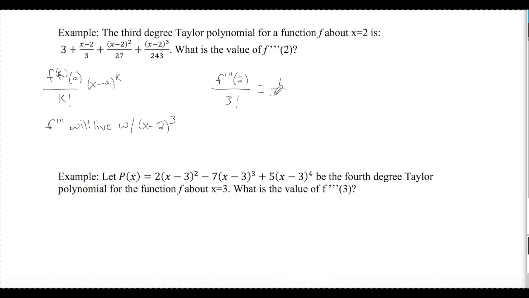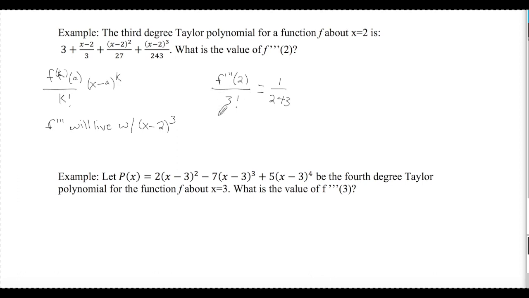It's going to be equal to 1 over 243, right? Because I'm saying, hey, my third derivative is living wherever this third power is. But I'm going to ignore that third power because that's that part. I want this part up here. But I know that the coefficient here is the derivative I want divided by k factorial. That's what I'm going to see here. It's going to be 1 over 243.